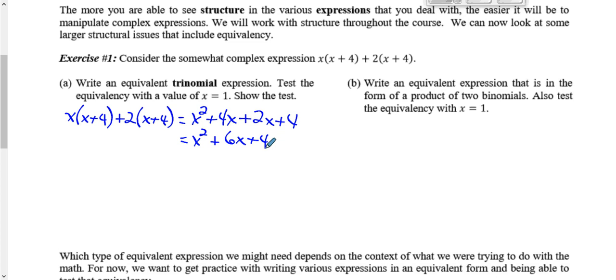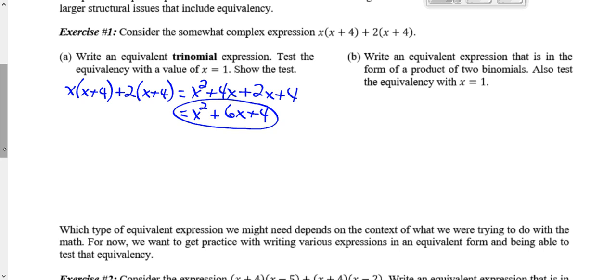And so they want us now to plug in x equals 1 into both of these. I'm going to plug x equals 1 into this side, and then this final version here. So for x, I'm going to put a 1. This is like a check.